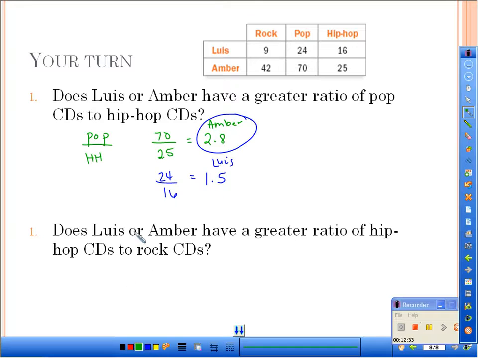Now let's look at the second question. Does Luis or Amber have a greater ratio of hip hop to rock? So now we're going to look at hip hop first over the rock. We're comparing hip hop to rock CDs. And let's start with Amber. Amber has 25 hip hop CDs and 42 rock CDs. This can be converted to 0.595.